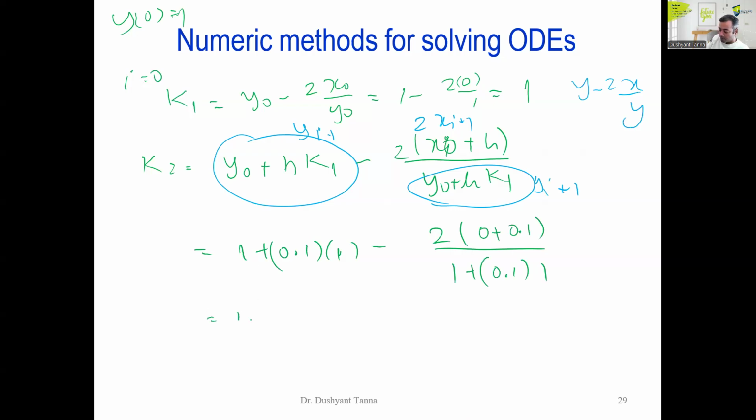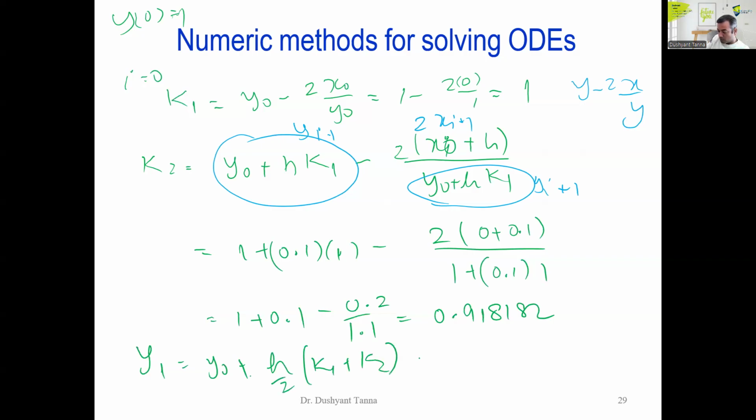So 1.1 minus 0.2 divided by 1.1, and that turns out to be 0.918182. That's your K2.